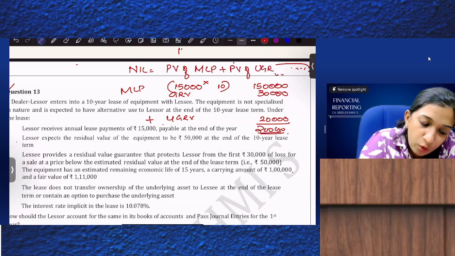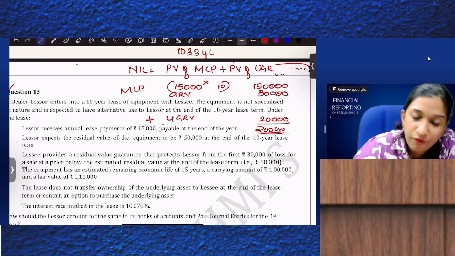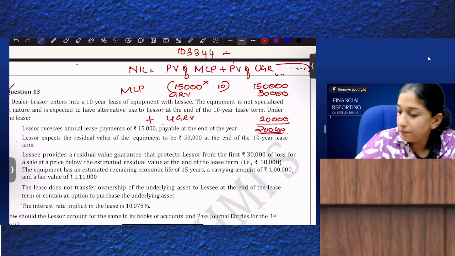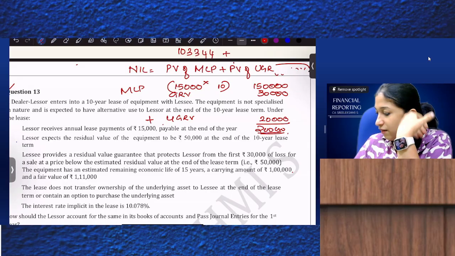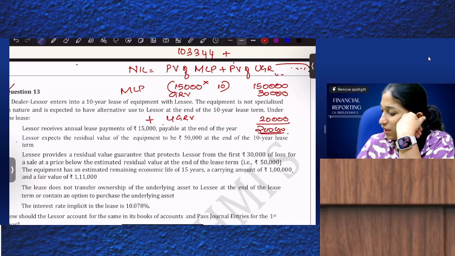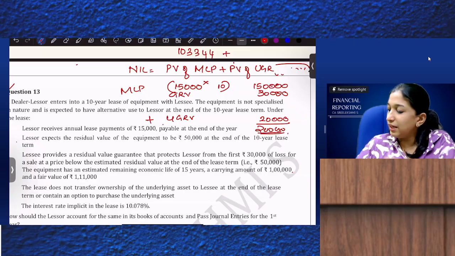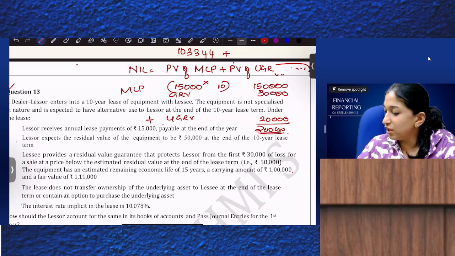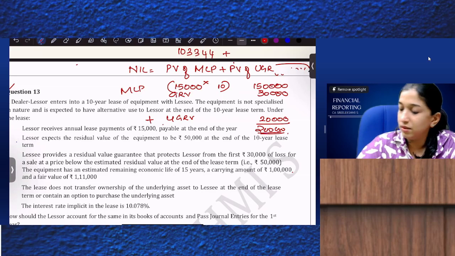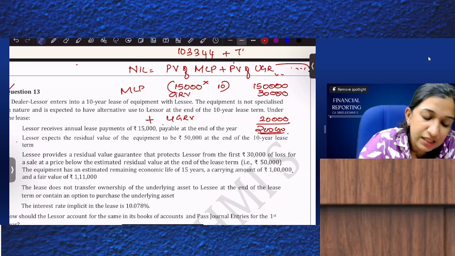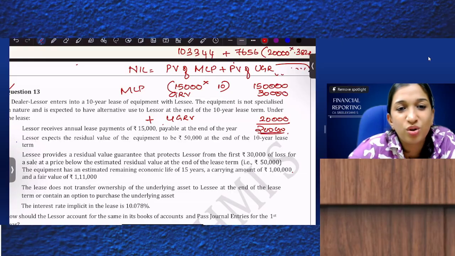Present value of MLP you already know: 1,03,344, plus 1 divided by 1.10078 for 10 years, that is 0.3828. 20,000 into 0.3828 is 7656, which can be added. Yes or no?